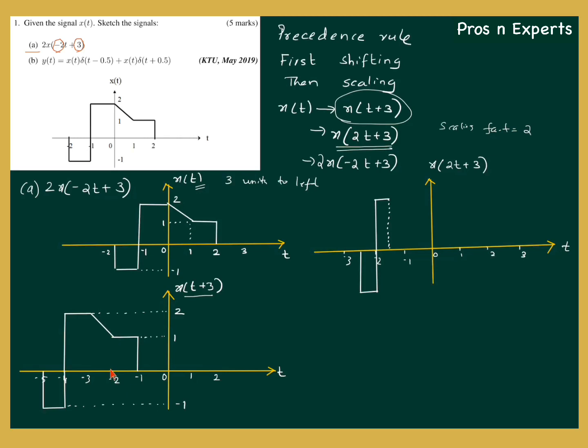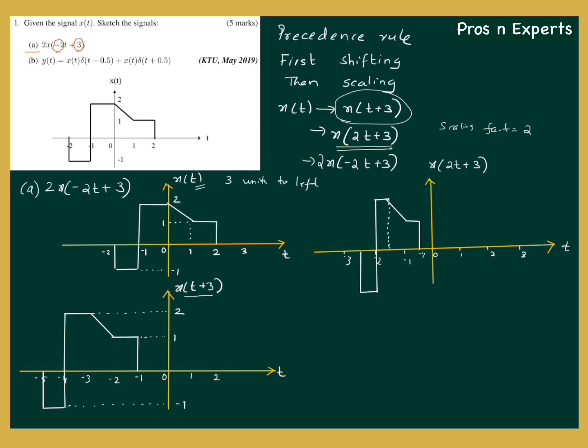This portion was at -2, so in x of 2t plus 3 it comes at -1. So this is the signal portion. And finally the last portion, this portion at -1 comes to -0.5 here. Okay, so this is the signal x of 2t plus 3.